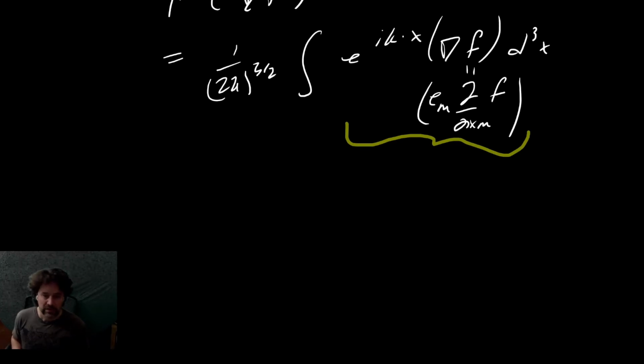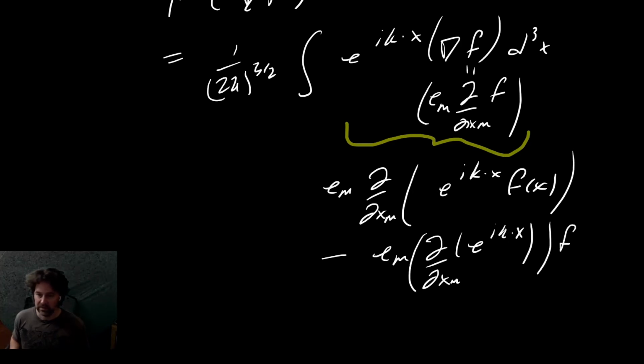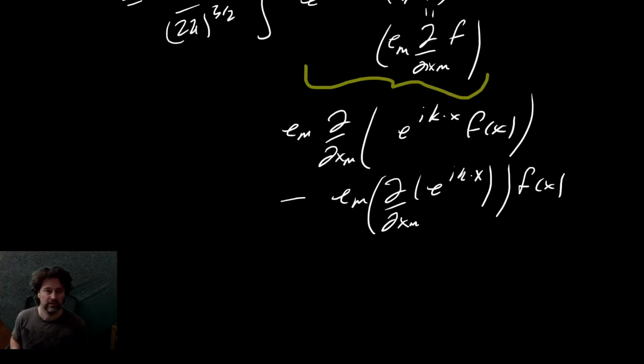So what we're left with is e hat m times d dx m of e to the i k dot x f of x, minus e hat m d dx m of e to the i k dot x, all times f of x. There's our integrand rewritten. There's a chain rule in reverse.